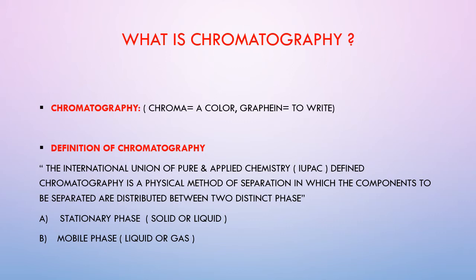The components of the mixture are separated at different rates by adsorbing onto the stationary phase. The mobile phase is the solvent that carries the mixture as it moves down the stationary phase, and the term mobile indicates that this phase moves through the chromatographic system while the other remains stationary.